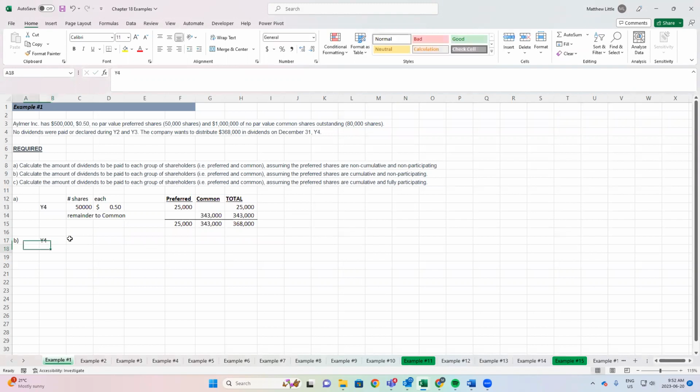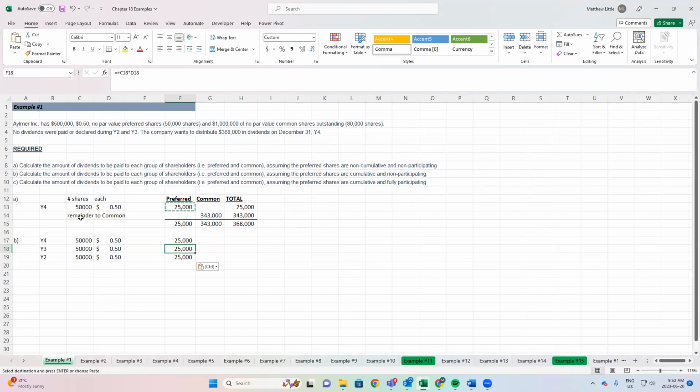So let's go backwards. We'll have year 4, year 3, year 2. We'll only have to go for the years that nothing was paid. In this case, we still have 50,000 shares at 50 cents each owed for those 3 years. So we owe $25,000 per year for each of those years.